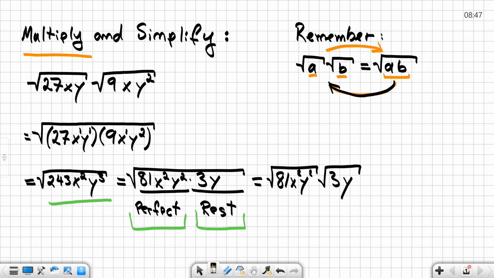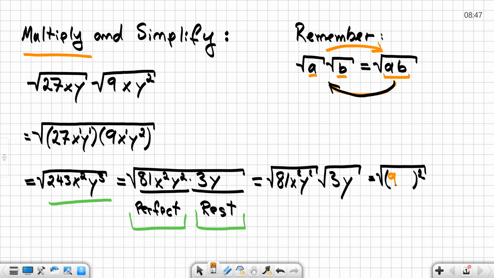This is the square root of something squared. And what comes inside right here? Well, 81 is the same thing as 9 squared. So 9 times x times y, multiplied by this rest, 3y.